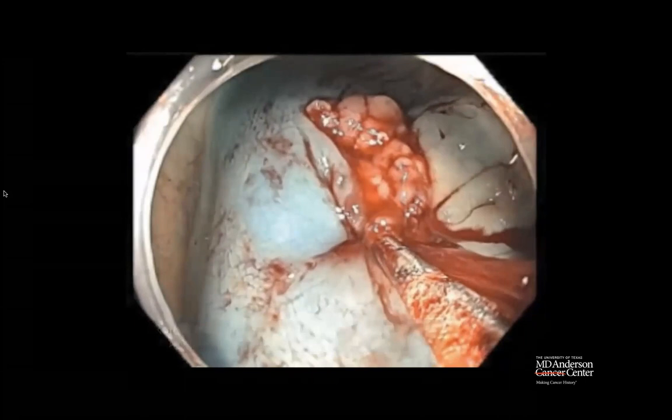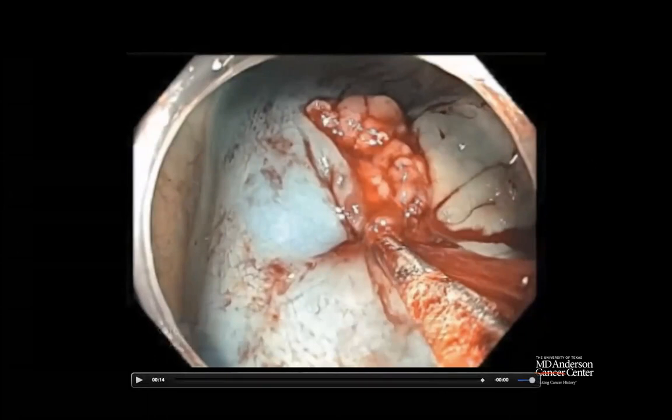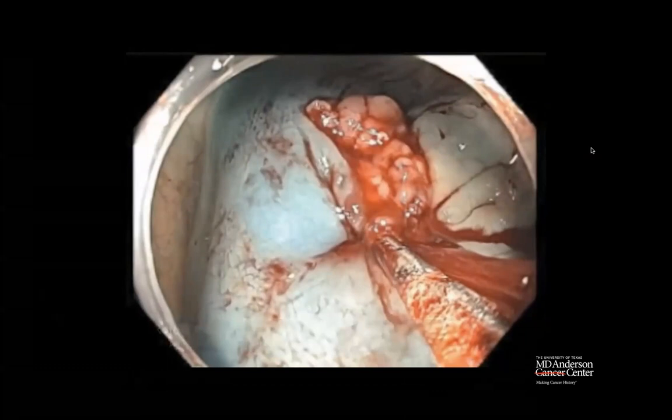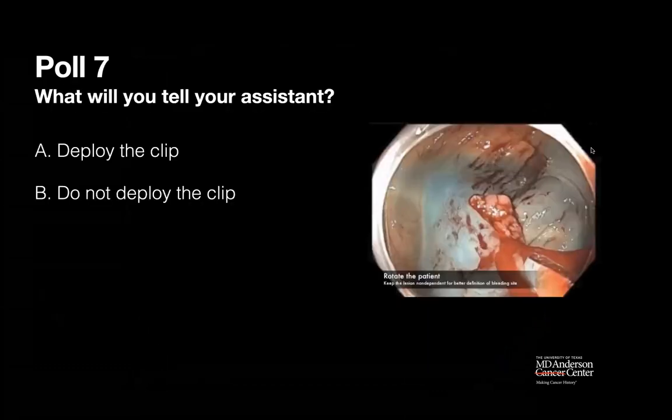And as you notice, the bleeding stopped immediately. And that was probably one of the most important things I've done to take care of this patient, that is, rotate the patient. So what will you do next? You still have a polyp to be cut, and will you deploy the clip immediately or not deploy the clip?